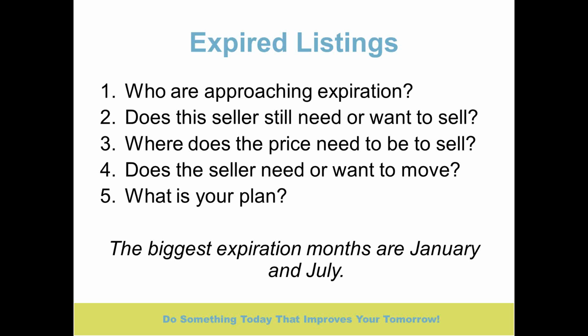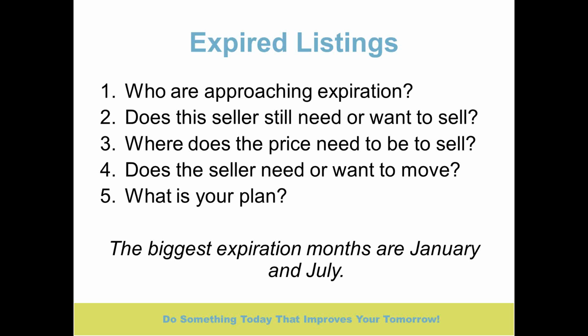Everybody knows when they are. We know the important months: January and July, because that's when the most expired listings happen. Why? Because, quite frankly, at the first of the year people say, okay, this year I'm going to sell the house. Let me call the realtor. Let's get this house on the market because this is the year we're going to move.